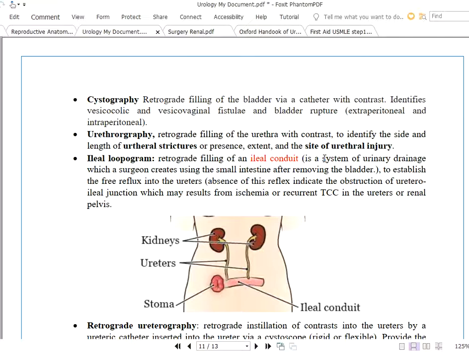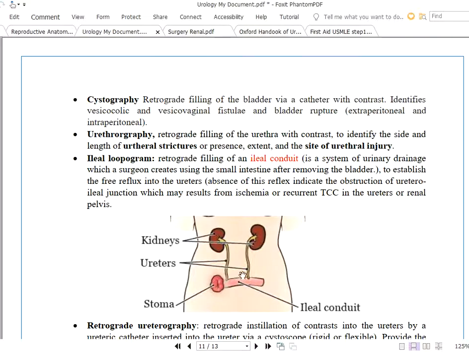As the urinary bladder gets removed, the surgeon may do an anastomosis of the ileum with the ureter, and then there is a stoma outside, where urine will be coming out. During this procedure, they create what is known as an ileal conduit.